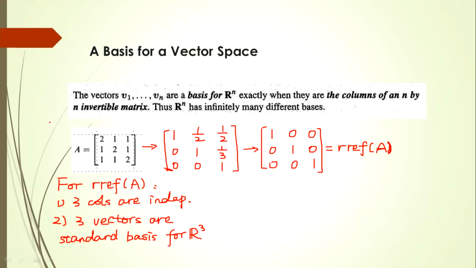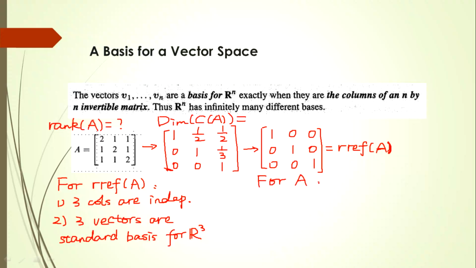What is the rank for this matrix A? And what is the dimension for the column space of A? Should be 3, right?